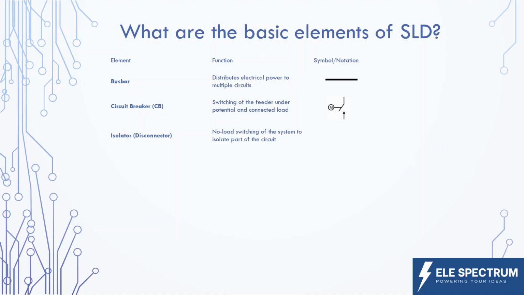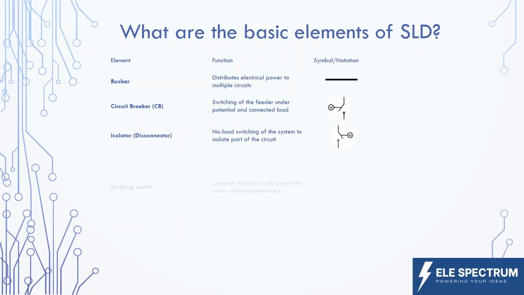The construction of an isolator is such that you can visually see if a circuit is connected or disconnected. This is very important in terms of safety when we want to do the maintenance of a feeder. The isolator is represented like a circuit breaker but slightly differently, as you can see here in the symbol.